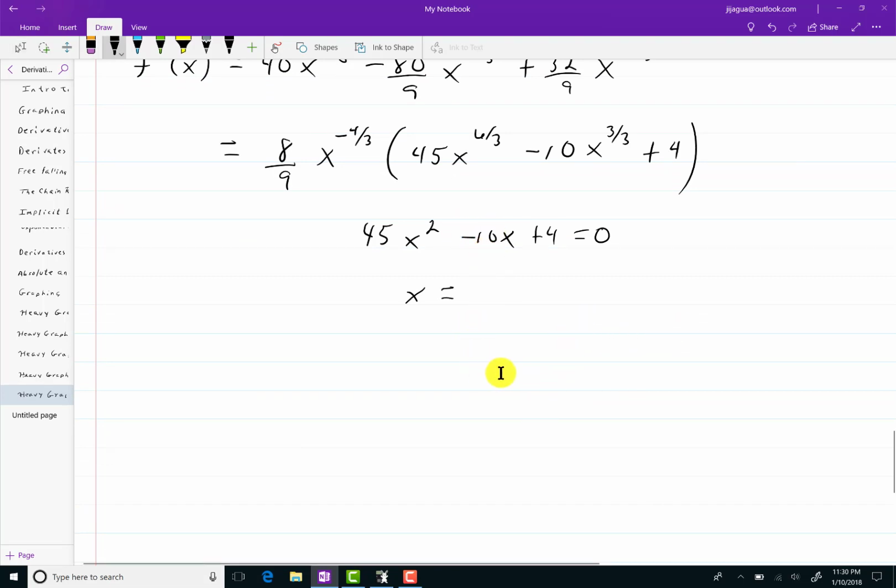That'll be 10 plus and minus the square root of negative 10 squared minus 4 times A was 45, C was 4, all over 2 times 45.